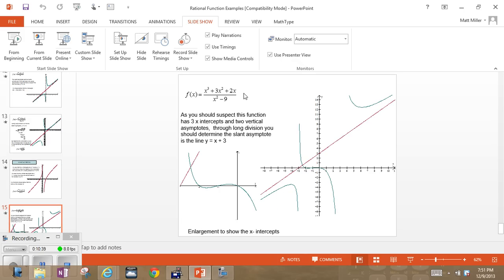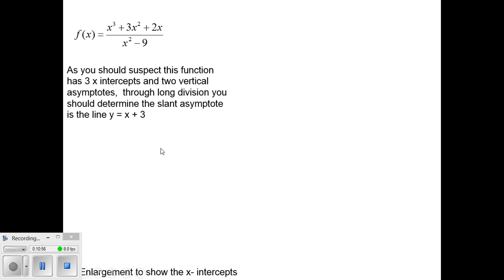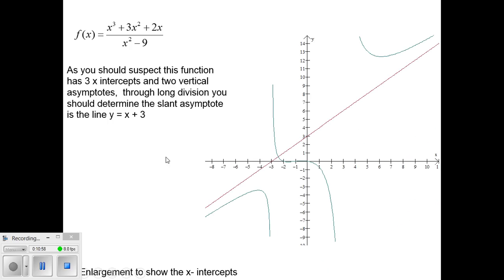I actually want to show what these factors are. Then pull out an x, and then you get x plus 2, x plus 1. Verticals at 3 and -3, vertical asymptotes.